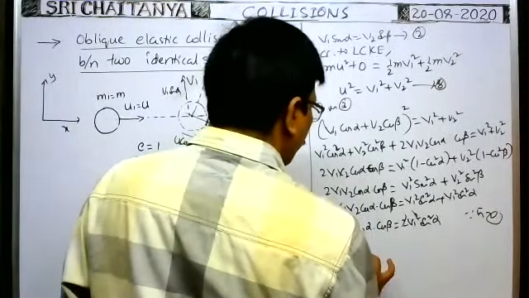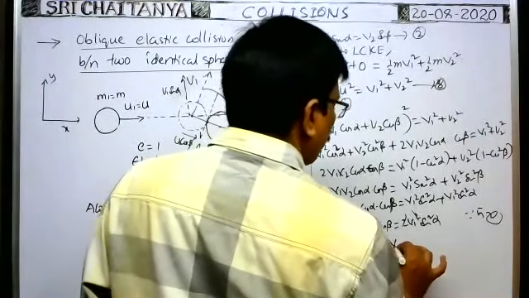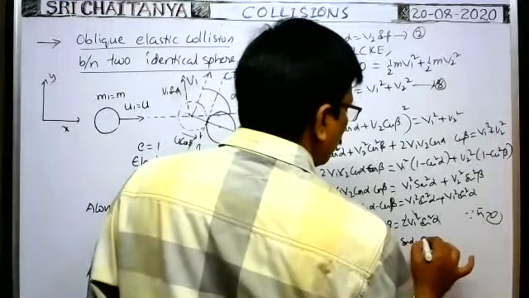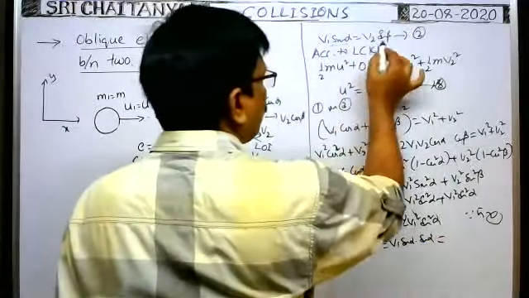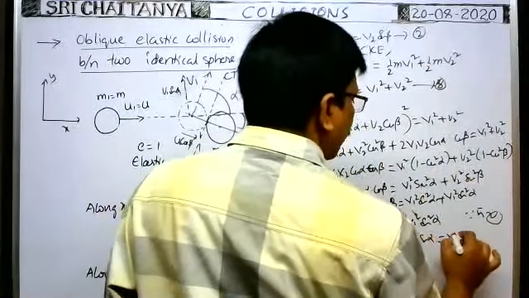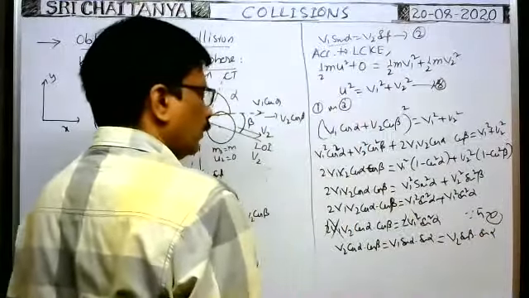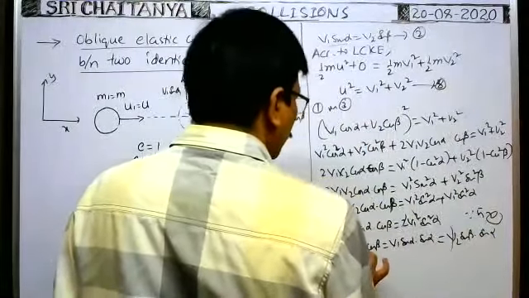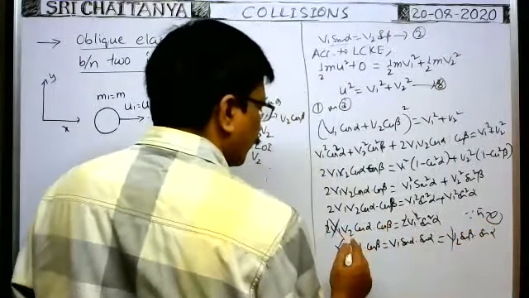Therefore v2 cos alpha cos beta is equal to v1 sin alpha into sin alpha, but v1 sin alpha can be written as v2 sin beta, so v1 sin alpha is equal to v2 sin beta into sin alpha. Here v2 cancels, you bring this sin beta sin alpha to the left.